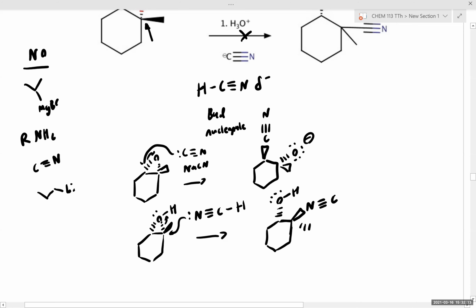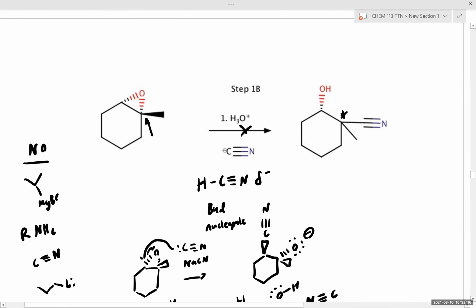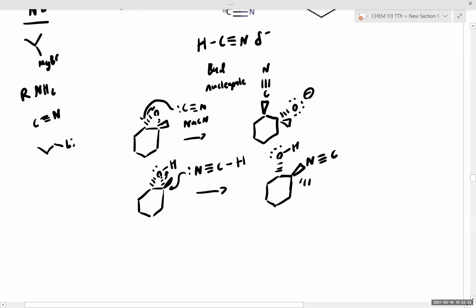So there's actually been a lot of work to prepare these tertiary nitriles with stereo control and regio control. It's a trickier synthetic problem than it lets on, and often has been accomplished via multi-step routes. Even then, I'd like you to note that this nucleophilic attack is not particularly favored, and you'd primarily see a lot of elimination.